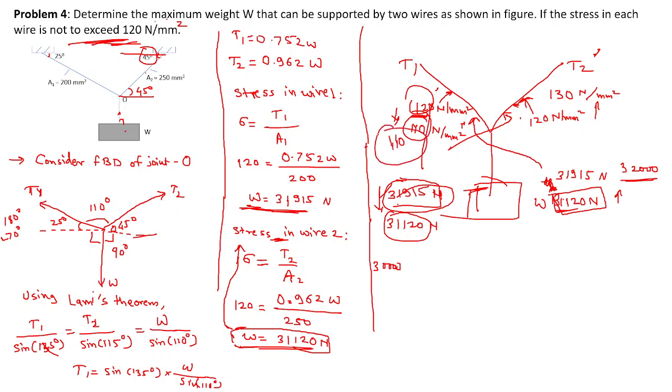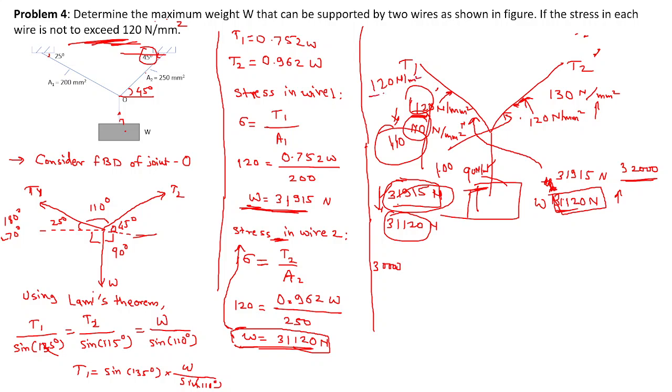It's not exceeding. Here we can produce any stress, 100 or 90 Newton per mm square. Any value lower than 120 Newton will be permissible. They have not told us to keep it exactly at 120 Newton, right?